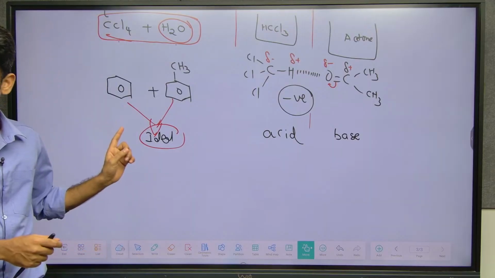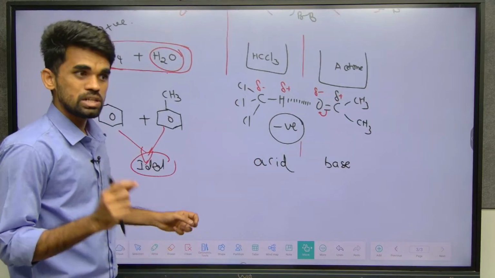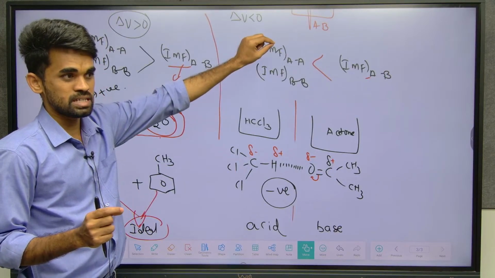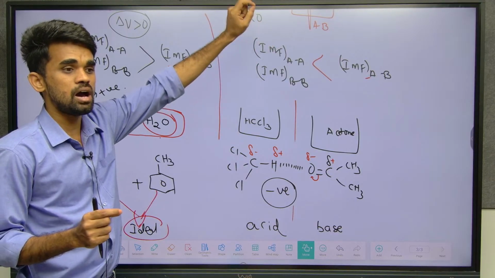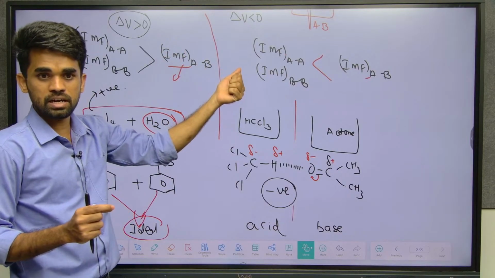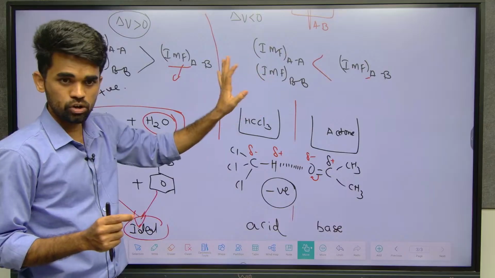Okay, clear everyone? Now there is something called Raoult's law. Do you remember? All ideal solutions obey Raoult's law at all compositions and temperatures. Non-ideal solutions won't obey Raoult's law. Okay, I hope you know this.